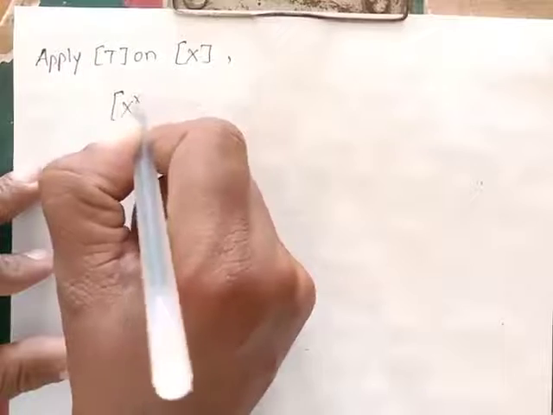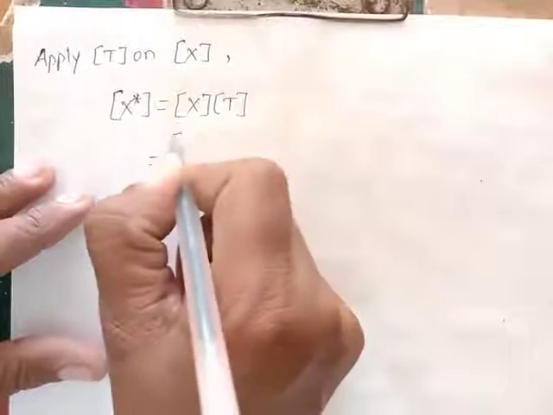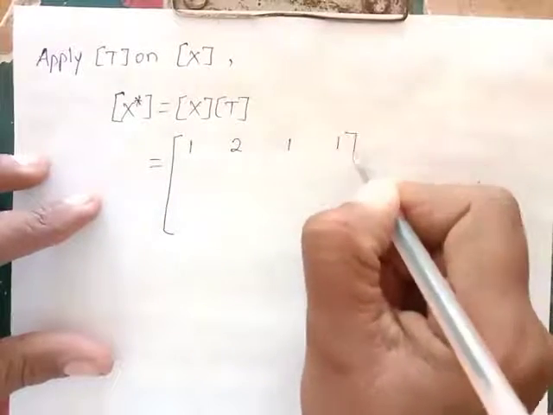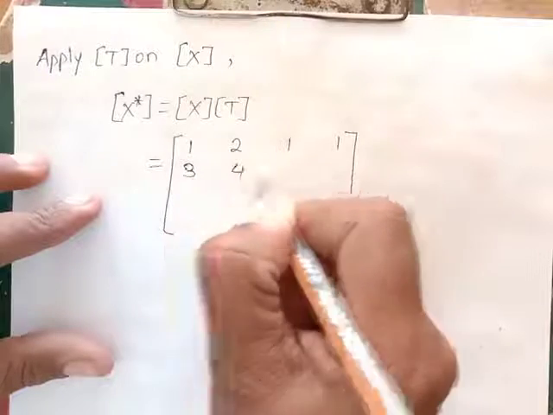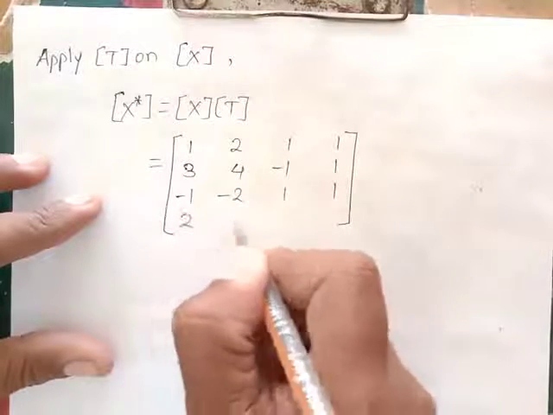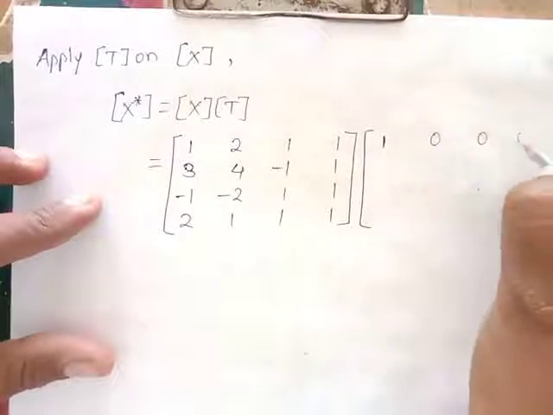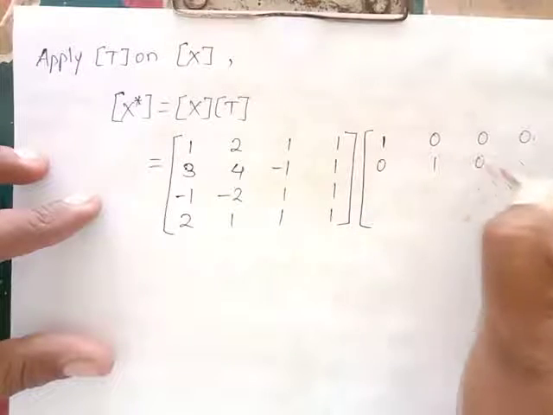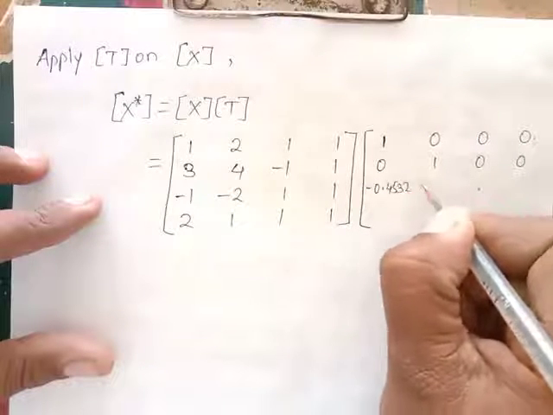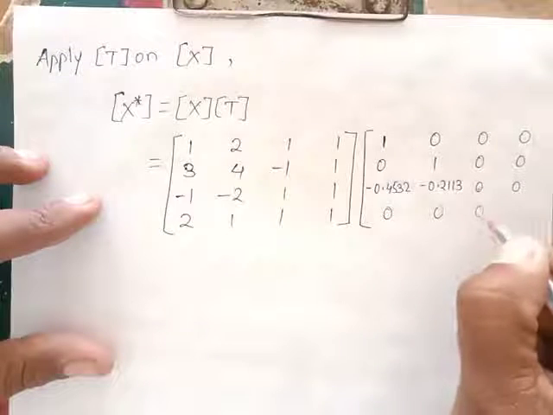X star equal to X into T. But X is given to us without homogeneous coordinates, so we should write it with homogeneous coordinates: 1, 2, 1, 1; 3, 4, minus 1, 1; minus 1, minus 2, 1, 1; 2, 1, 1, 1, multiplied by 1, 0, 0, 0; 0, 1, 0, 0; minus 0.4532, minus 0.2113, 0, 0; 0, 0, 0, 1.